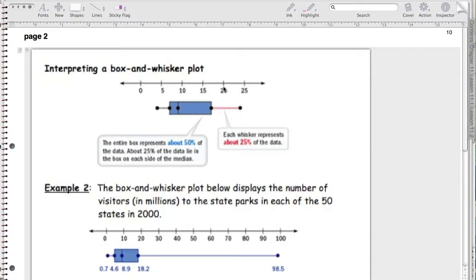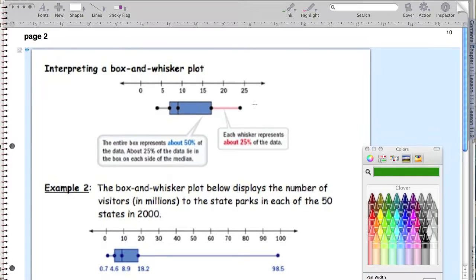Now what this information means is how it's listed here, interpreting this box and whisker plot. Each of these segments, and you need to listen carefully to this point, each of these segments is 25% of the data. So this here is 25%. This distance represents 25% of the data, and that distance represents 25% of the data.